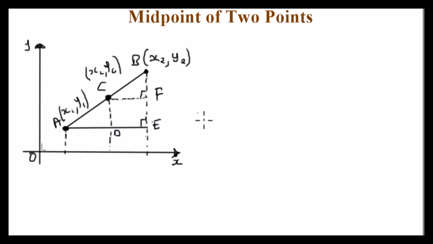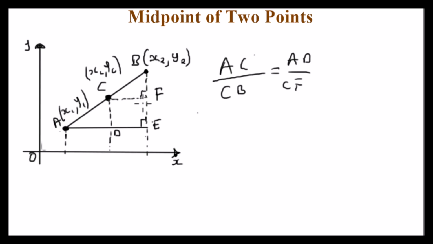So we can now say that side AC over CB must be equal to AD, that is the base of this triangle, over CF. I repeat myself, by using the concept of similar triangles. How do we know 2 triangles are similar?